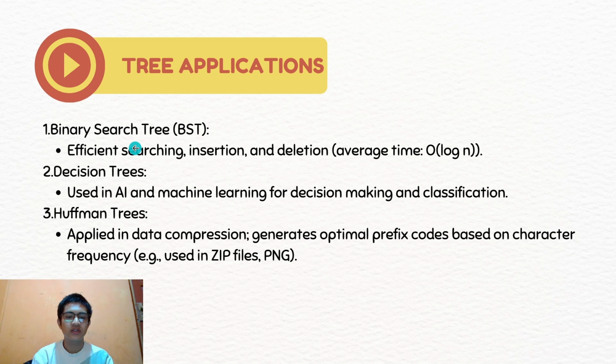Two, decision trees, widely used in AI and machine learning for decision making and classification. Three, Huffman trees, used in data compression algorithms to create optimal prefix codes, like those used in zip files and PNG images.